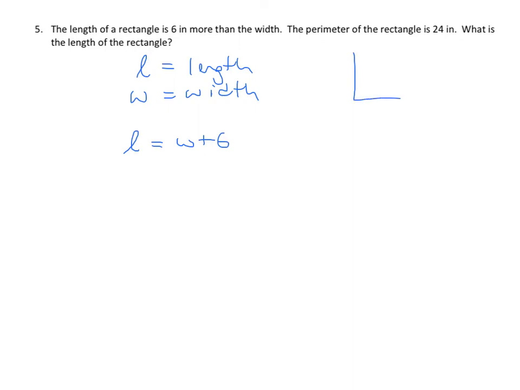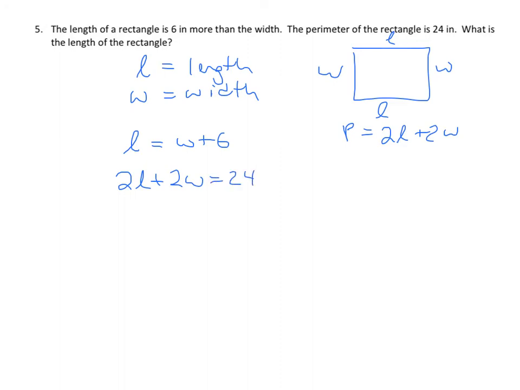Remember, in a rectangle, you've got your length and your width, and the perimeter is adding up all the sides, so 2L plus 2W. So if the perimeter is 24, the equation I can write is 2L plus 2W equals 24.